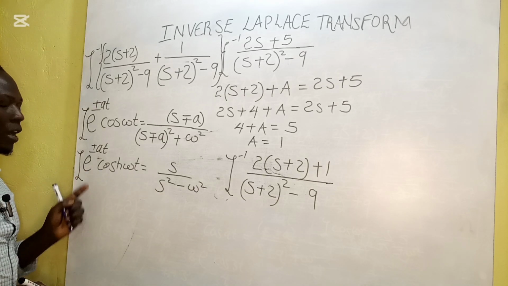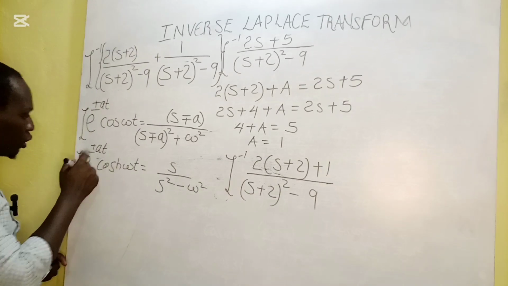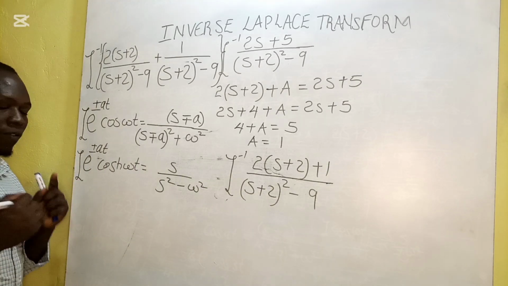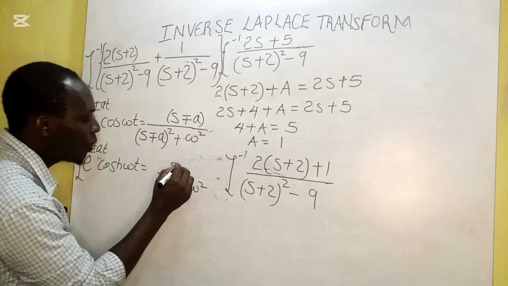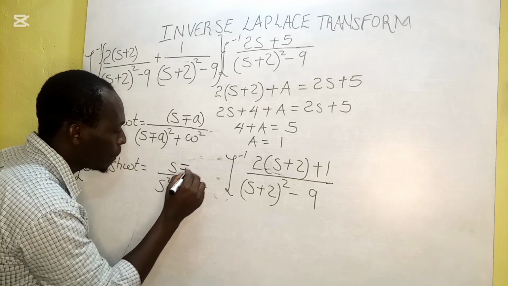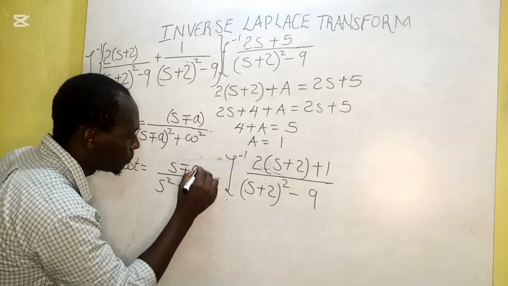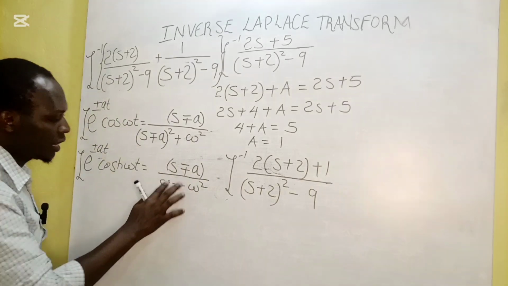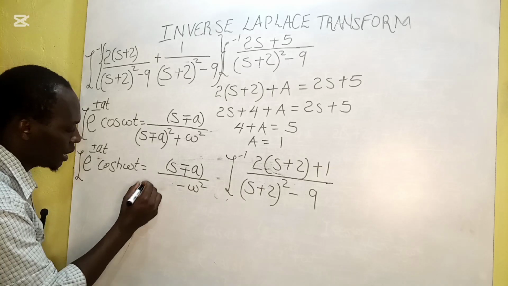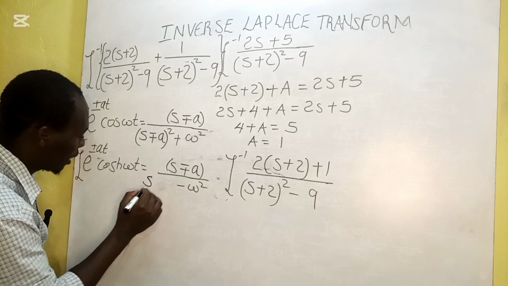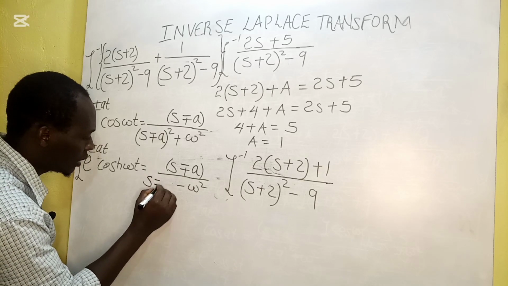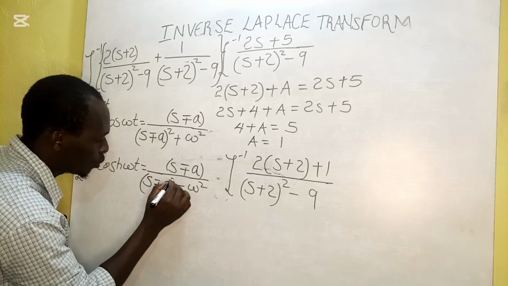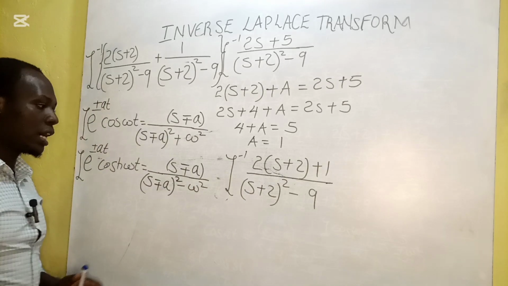But here we are using the first shift theorem to mean that the value of s must be shifted. And now we are going to have a negative or a positive of a. We only shift the term of s, and here when we shift our s, we are going to have s negative or a positive of a. But since the term of s was squared, we come and retain our square.